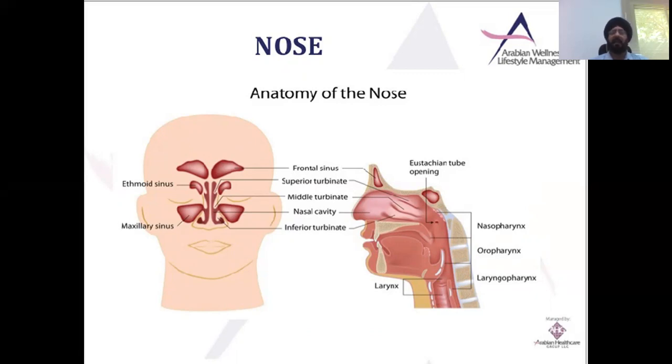The nasal cavity is lined with small hair called cilia, which protects against foreign material going inside. The nasal cavity is surrounded by sac-like structures known as sinuses, the frontal, ethmoid, and maxillary.